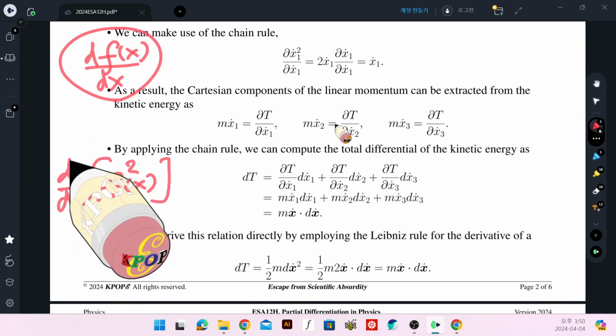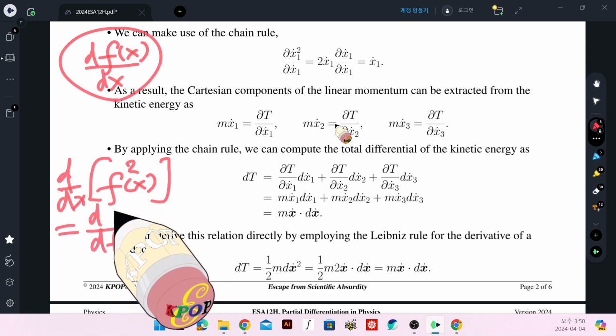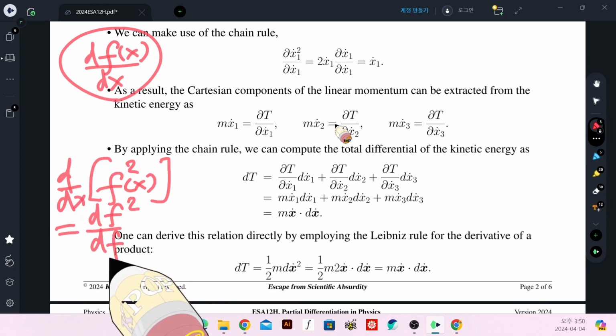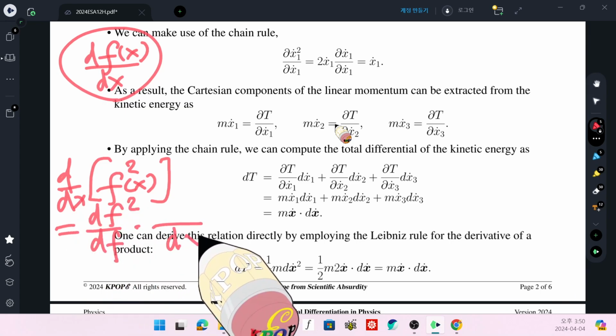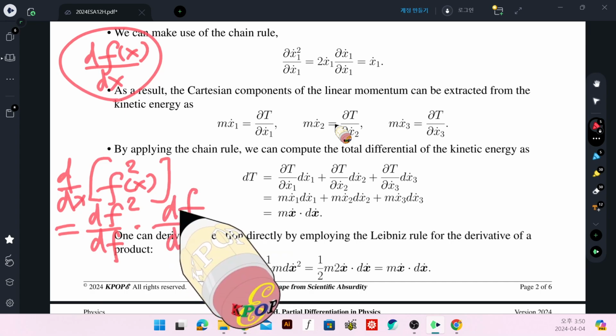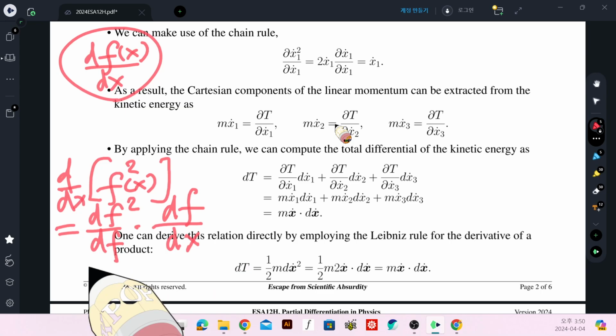First, take the derivative with respect to f, and then take the derivative of f with respect to x. So this is very convenient.